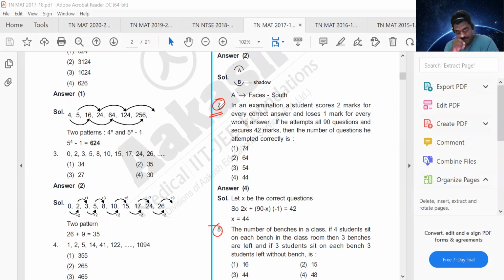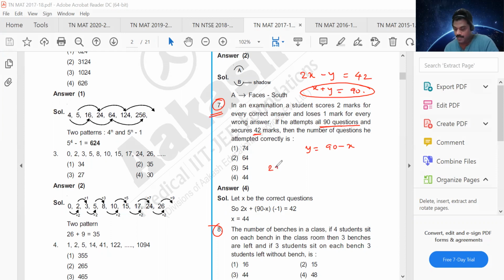In an examination, a student scores 2 marks for every correct answer and loses 1 mark for every wrong answer, and by doing so he has secured 42 marks. They have mentioned that he has attempted all the questions. So x plus y, the correct ones and wrong ones combined together, is 90. So y is 90 minus x from this equation.